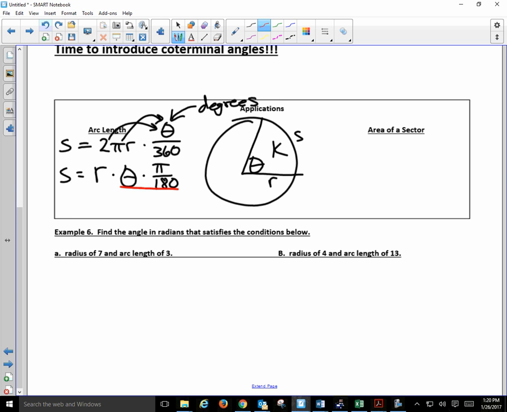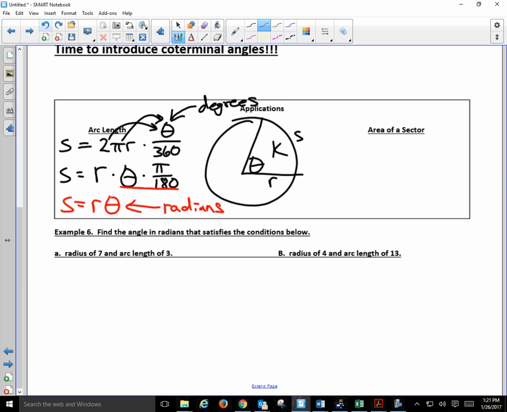So this is the conversion. So therefore, S is equal to just r times theta, given theta is in radians. That formula is a lot simpler than the original formula. What's the difference? You have to make sure you're working in radians.